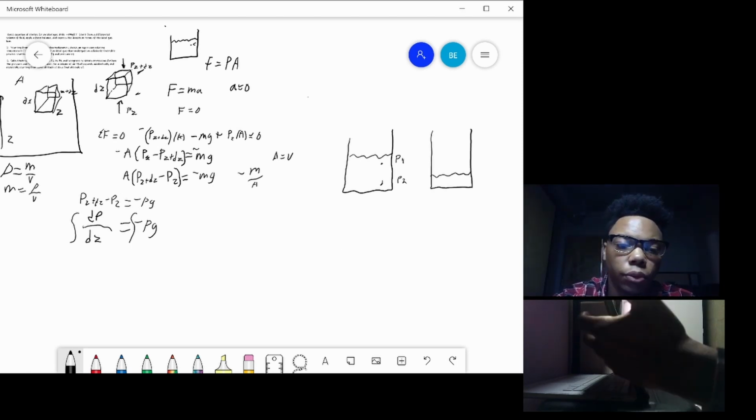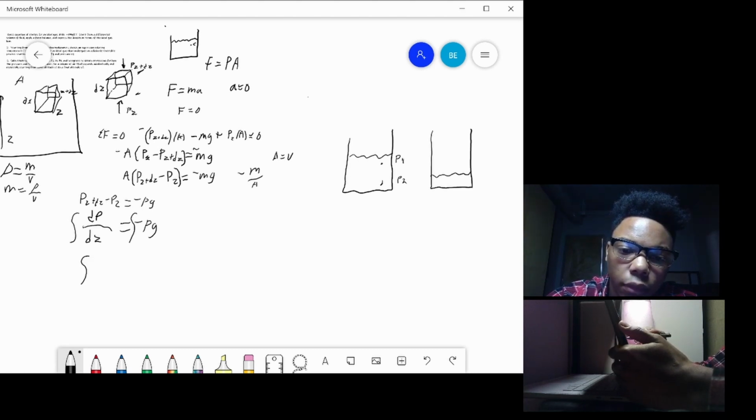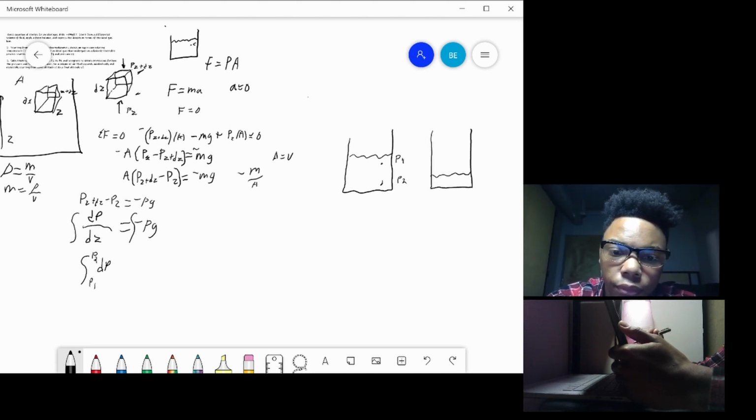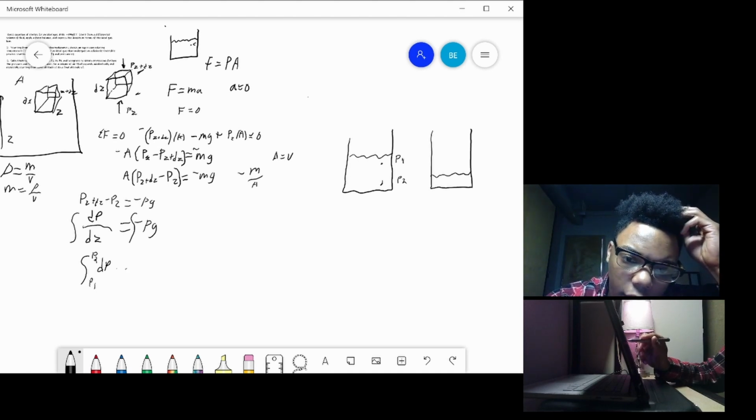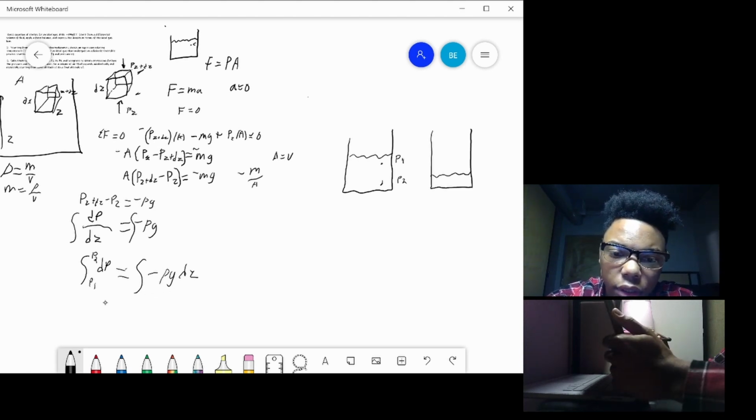To do the integral, we first need to get a differential on both sides, so we multiply the dz over. So we have the integral of dP from P1 to P2 equals the integral of negative rho g dz, although the negative rho g are just constant.